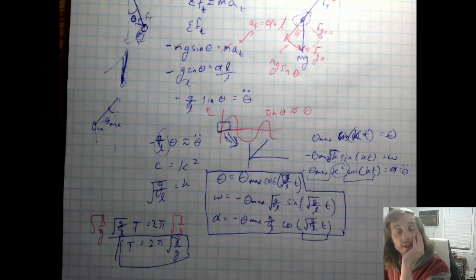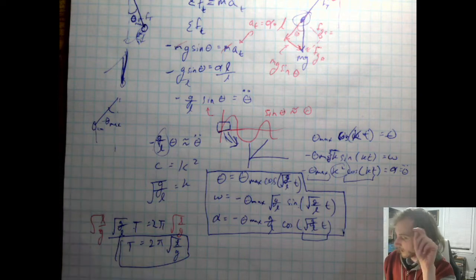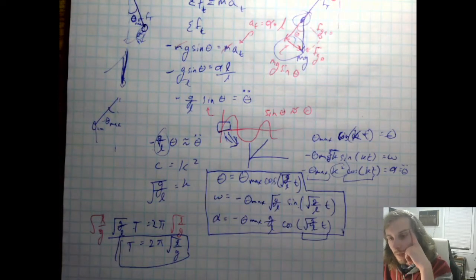Because the further back we bring it, again, increases how far we have to go, and it actually increases the amount of force pulling it towards the center. Because it's not just gravity that's doing it, it's specifically the part of gravity that points towards the middle. And when your theta is bigger, the part of gravity that points towards the middle is also bigger, just via the geometry of the thing.